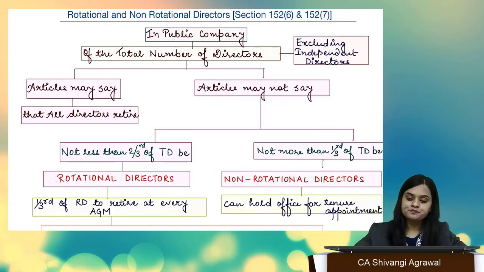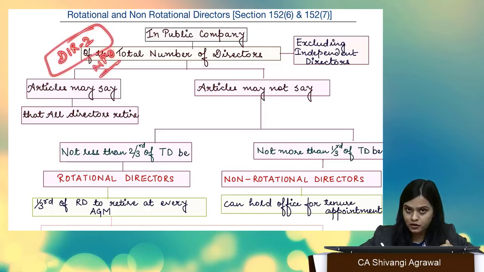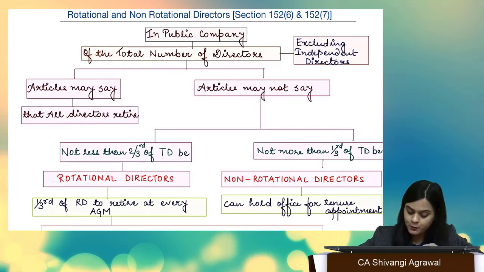Fine, ma'am. Now, before I move to this particular part, DIR 2, that is the consent part, it is not required in case of not-for-profit organizations, that is not-for-profit companies, as well as for government companies. So they have this exemption from filing DIR 2.